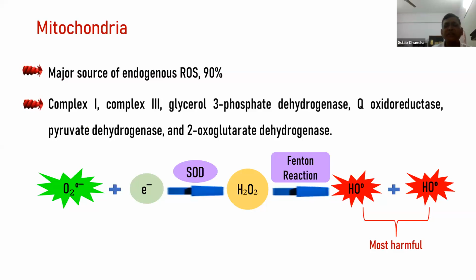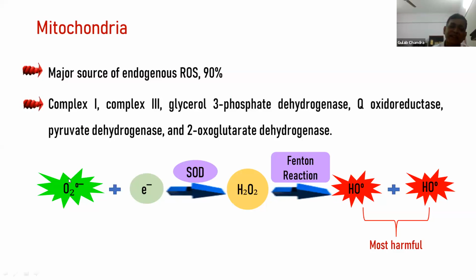Mitochondria act as a major source for the production of reactive oxygen species and alone produce about 90%.